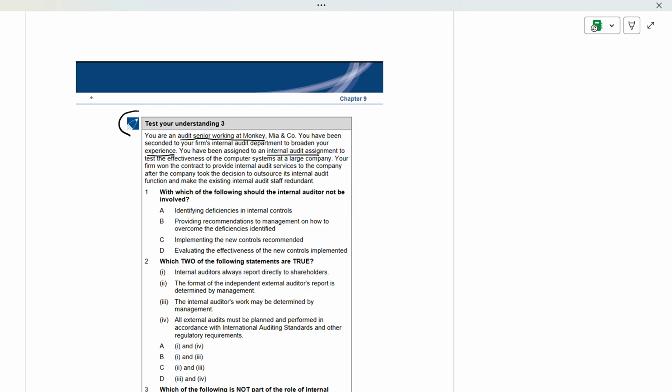Your firm won the contract to provide internal audit service to the company, after the company took the decision to outsource its internal audit function and make existing internal audit staff redundant. Redundant means with no work. Read this paragraph again.